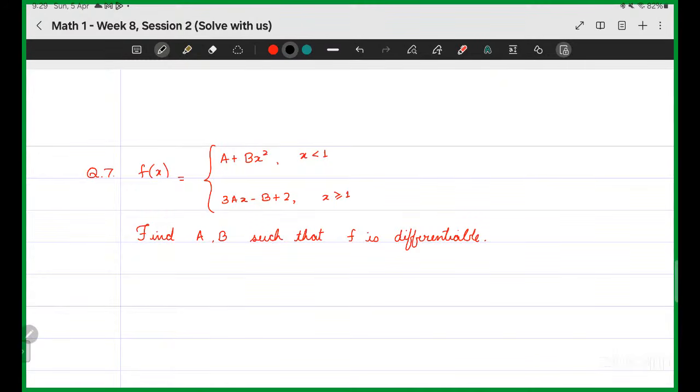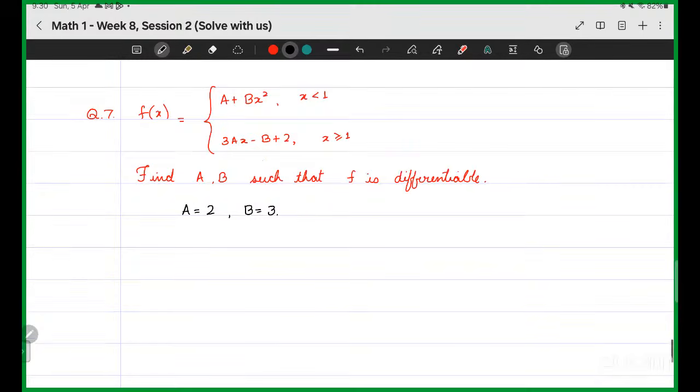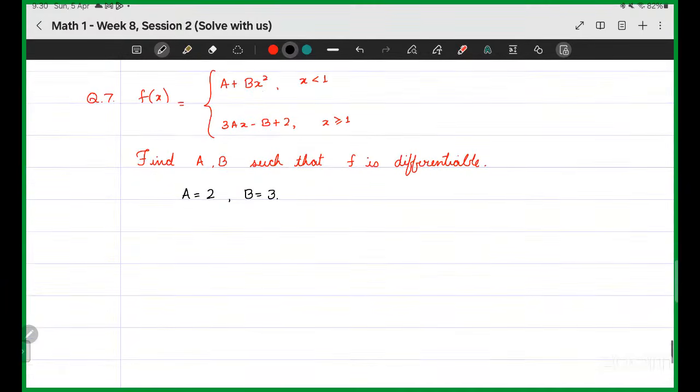Let's wait. Someone has given a different answer in the chat box. I don't have the chat box open, so please speak up. Someone has mentioned 1 and 2 in the chat box.